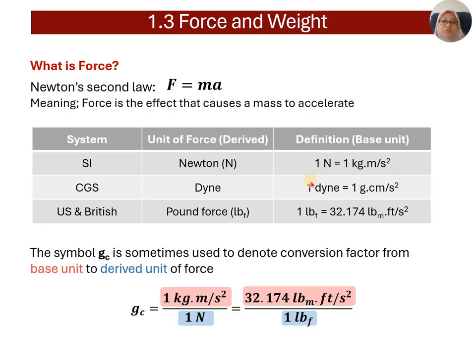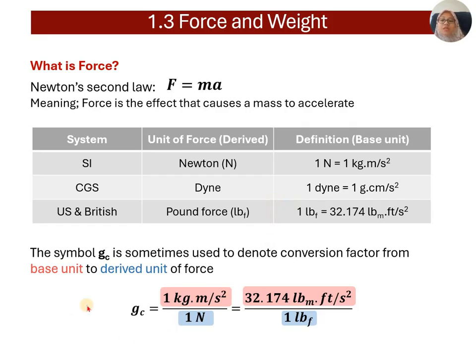So this means that 1 Newton is not equal to 1 Dyne and is not equal to 1 pound force. The values of each unit of force for different systems are different. Please make sure you don't make the mistake of assuming that the units of force for all systems of units are the same.